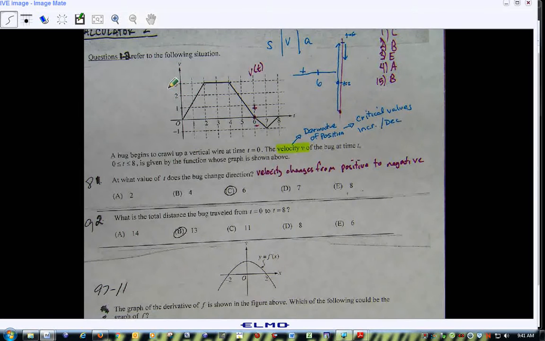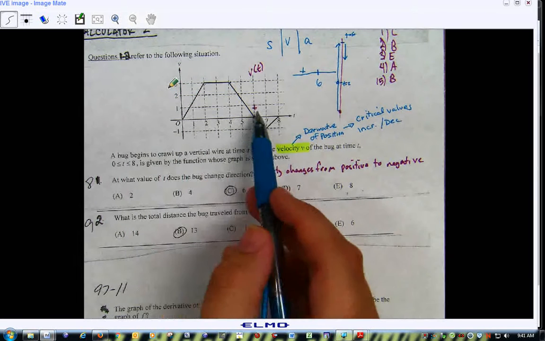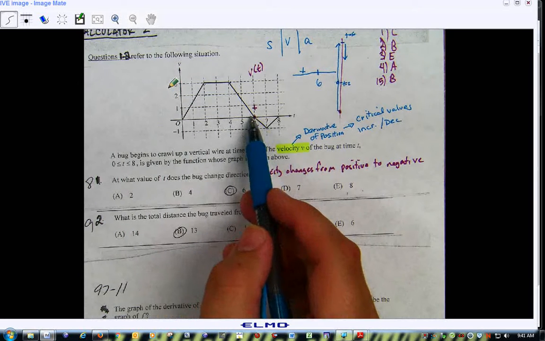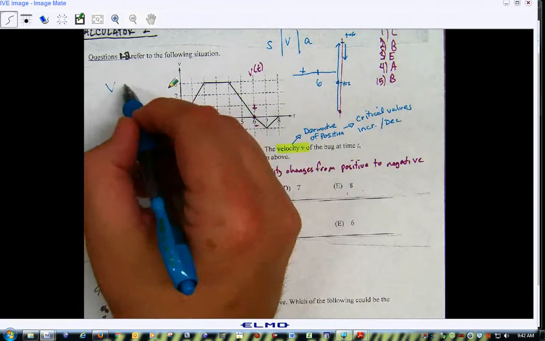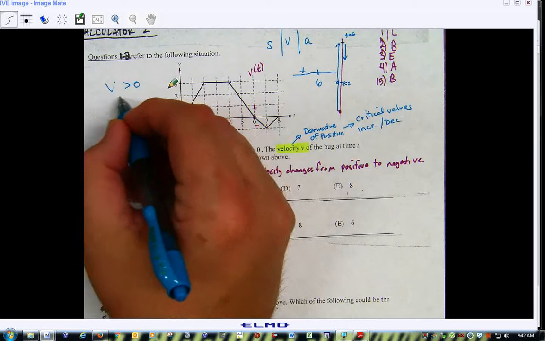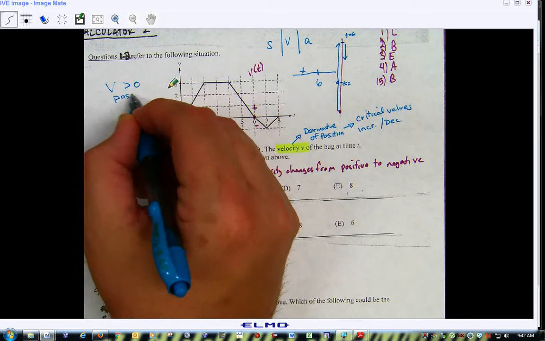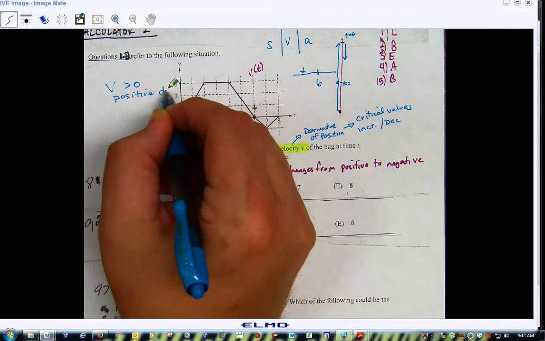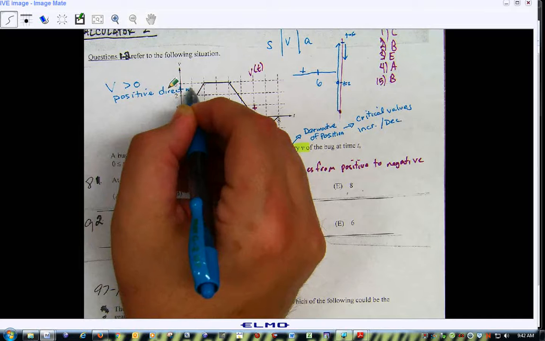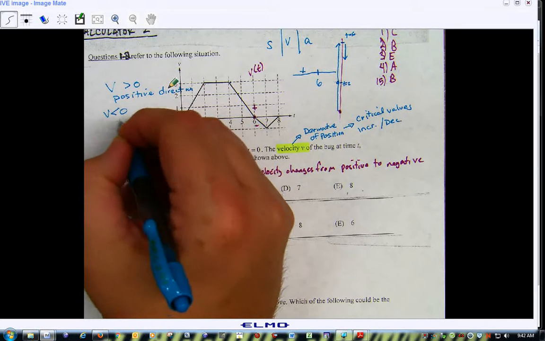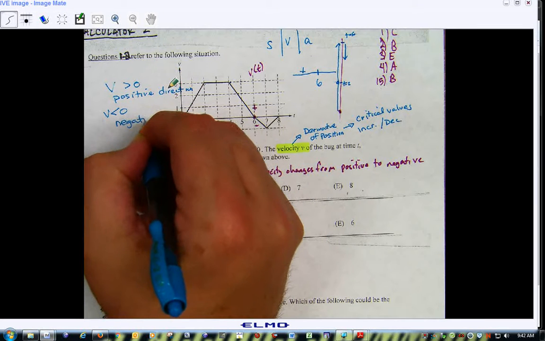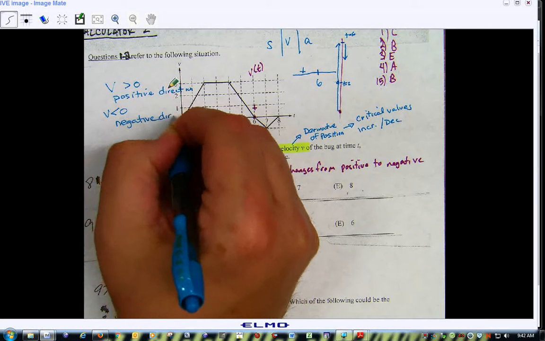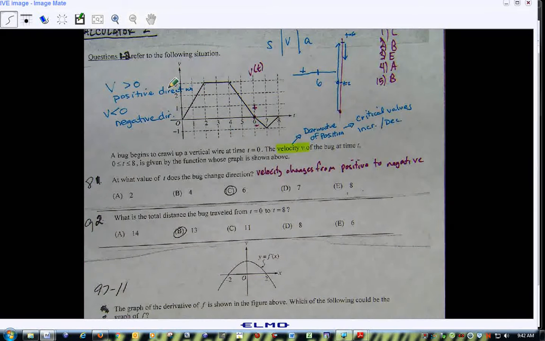A positive velocity means we're going in a positive direction. So when v is positive, we're going in a positive direction. When v is negative, we're going in a negative direction. Or even at 0, like Sean said, that's when we change direction.